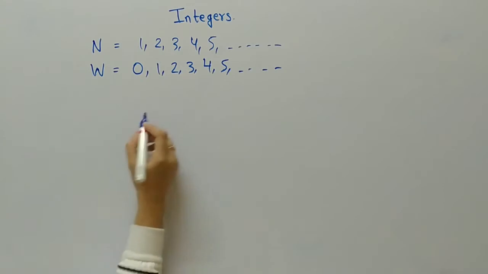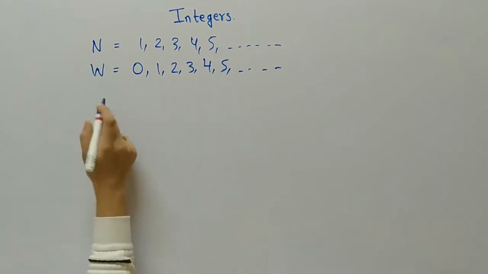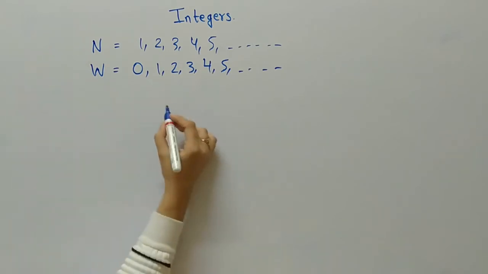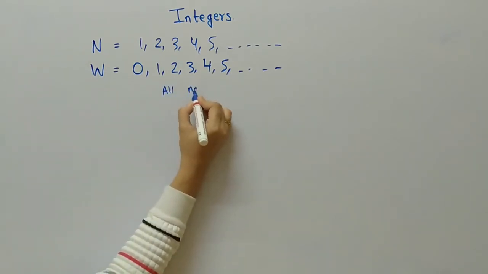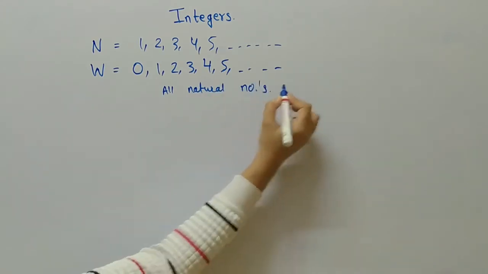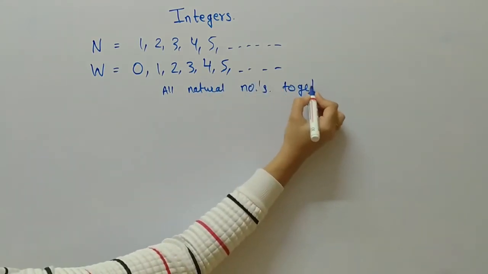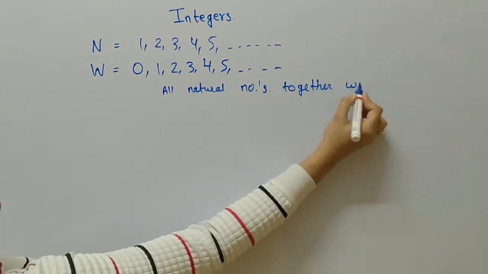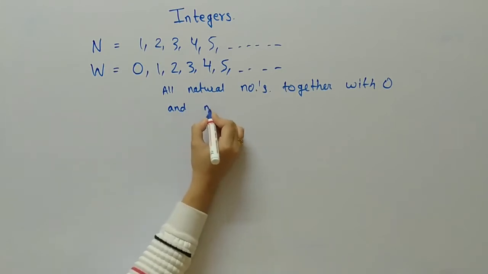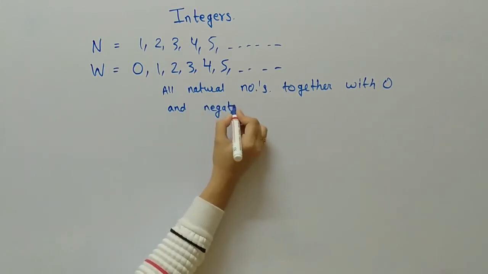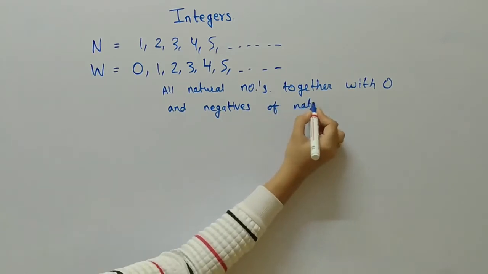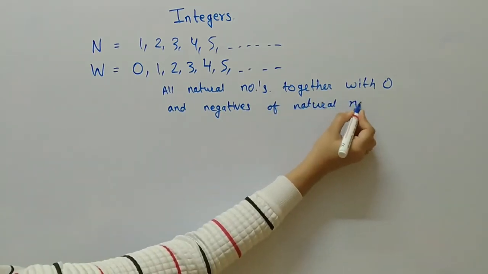Now what are integers? So integers are the combination of all natural numbers together with 0 and negatives of natural numbers.